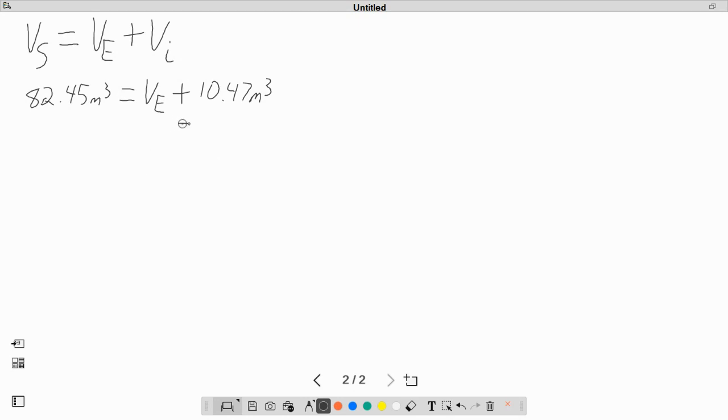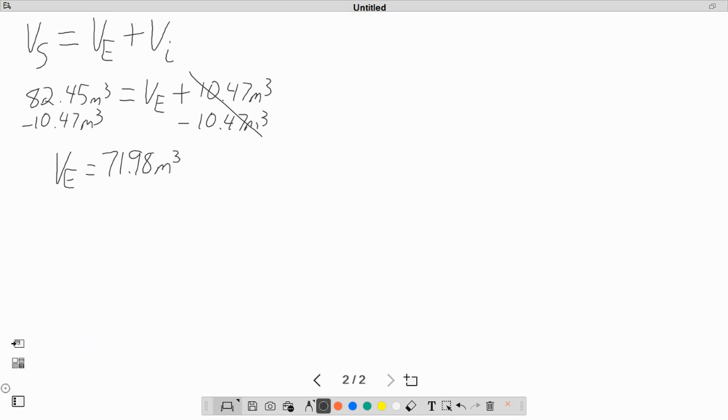So now to find the volume of the empty part, we subtract 10.47 from both sides. And we get a volume of 71.98 meters cubed for the empty part.